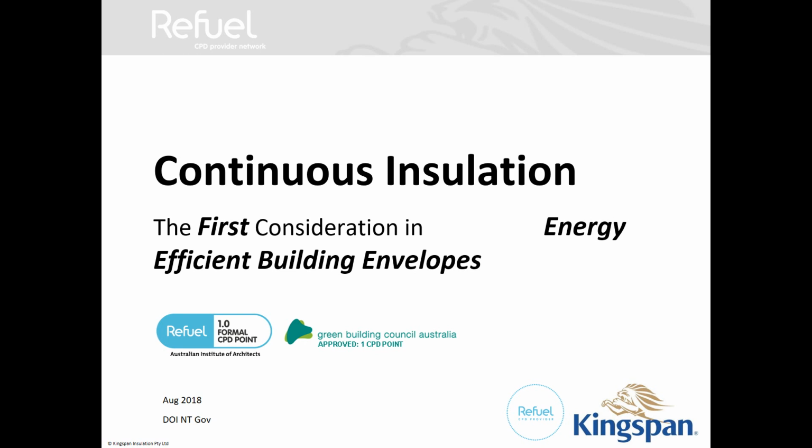It's a cladding that goes on the outside of the building, wraps around the entire house, and then you put a render over that. Because it's continuous, you don't have any gaps in your insulation. That's the best way of having an energy efficient building.